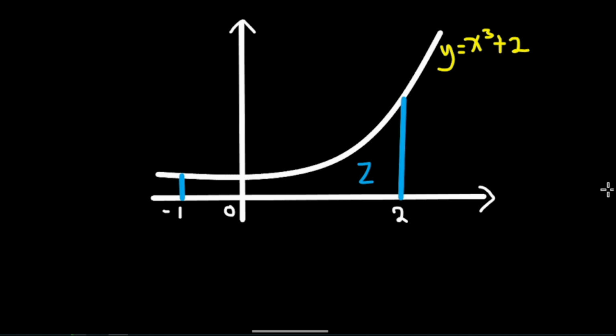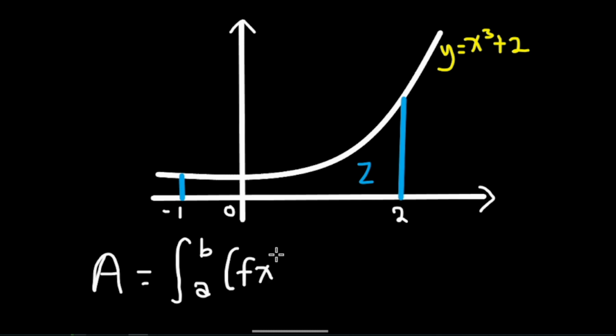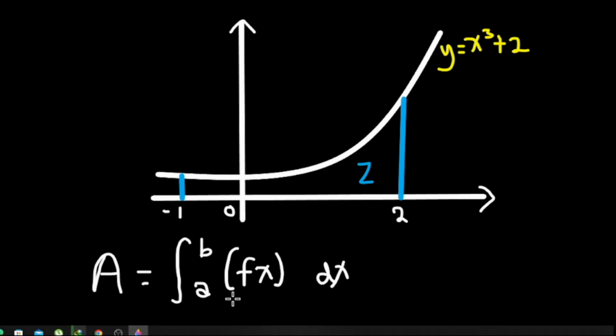So if I want to find the area of Z, one thing we have to understand is that our area represented by A will be equal to the integral of limits B and A of the function f of x, and then we integrate with respect to x.